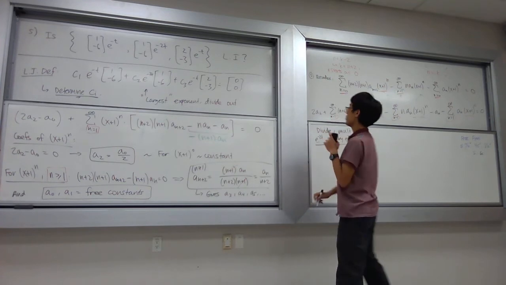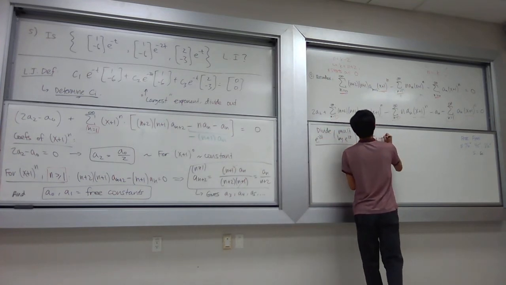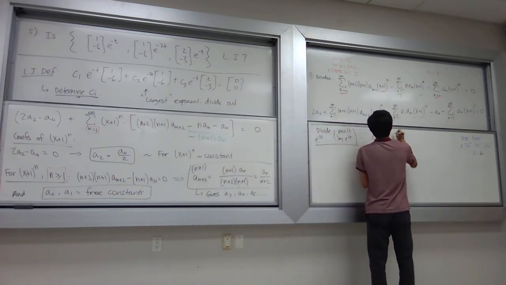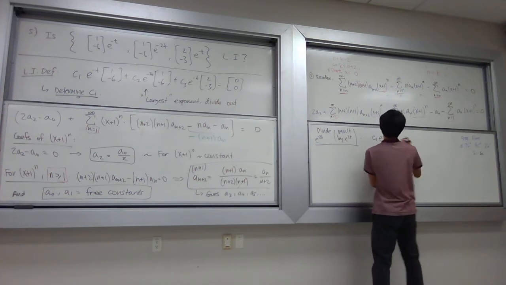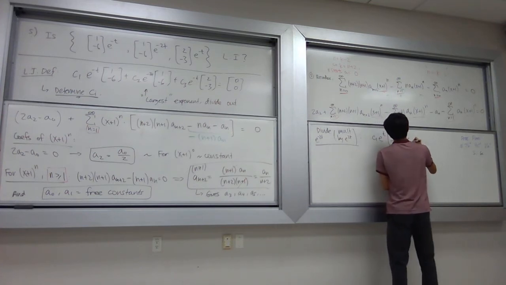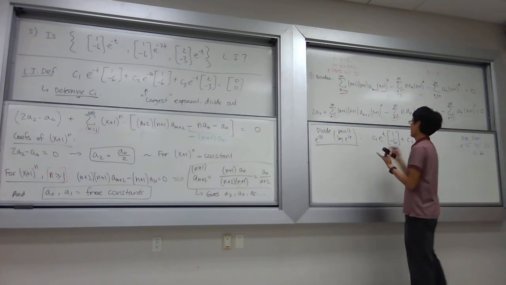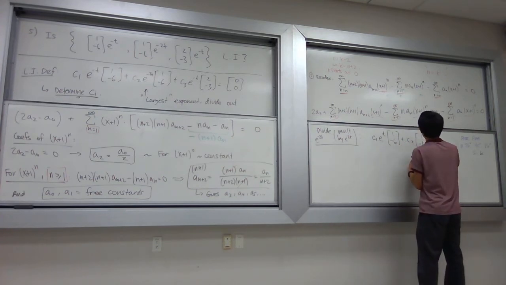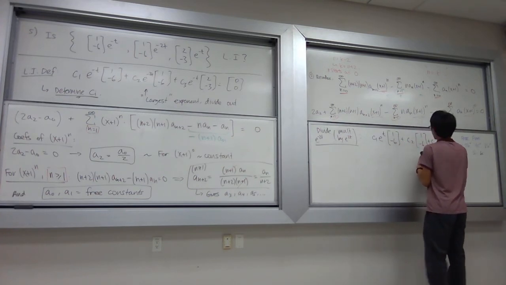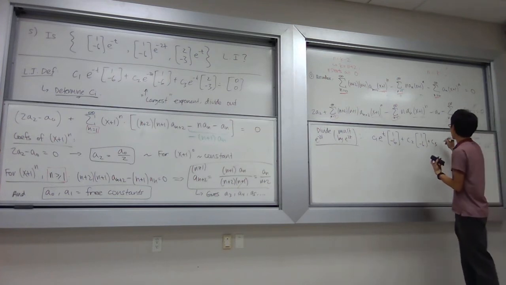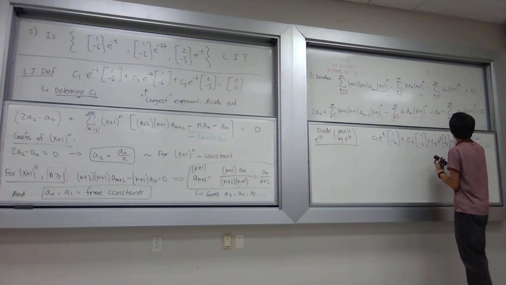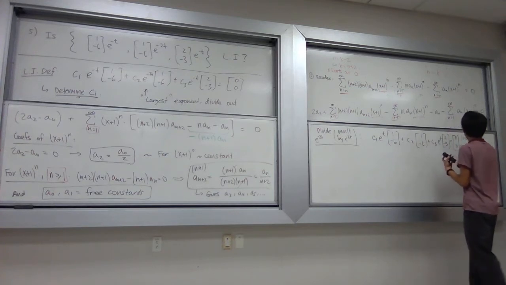What's attached to C1? e to the t, and then (1, negative 6). Then plus C2, well, that one's intentionally divided out, so there's no exponent there. And attached to C3, same thing, e to the t, (2, negative 3), equals (0, 0).